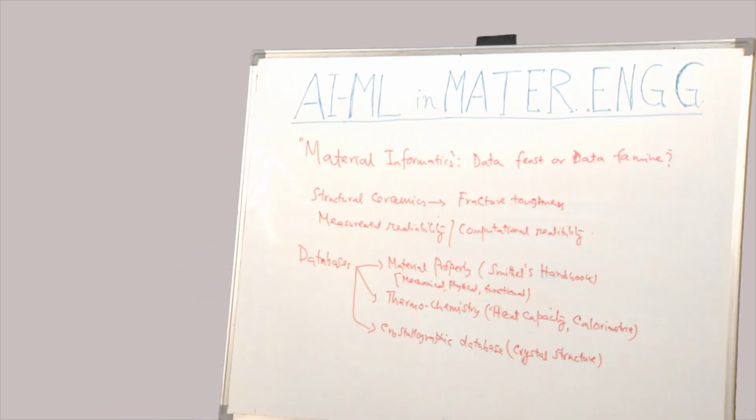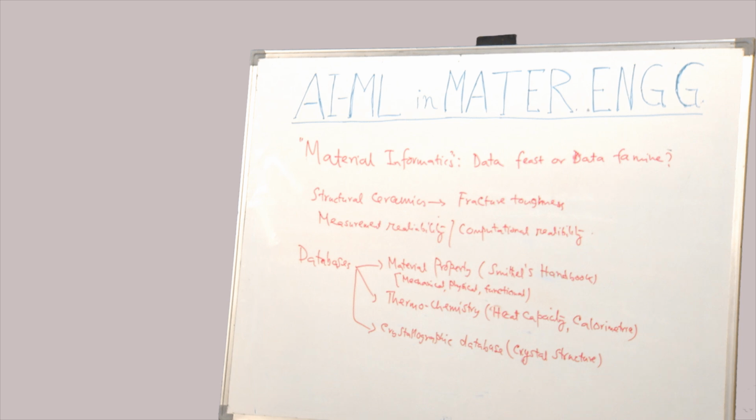In fact, one can get the information of crystal structures by looking at the crystallographic databases of different common phase diagrams, right. So these two are connected, remember, they are not independent databases as such. That is why you always say that in material science there are two definite databases available. One is called material property databases, the other is called thermochemistry databases. There are no other databases available to us.